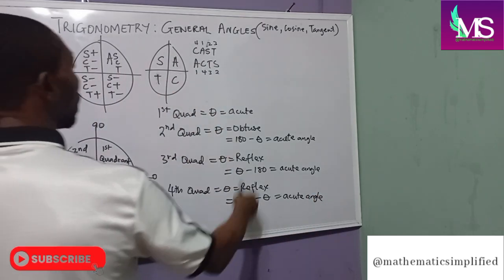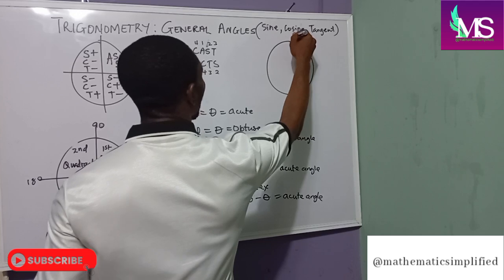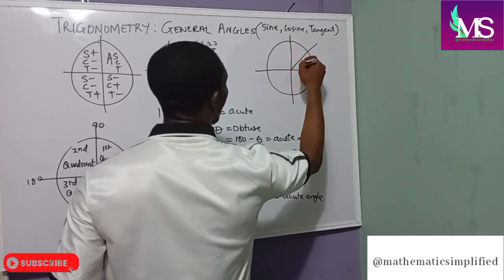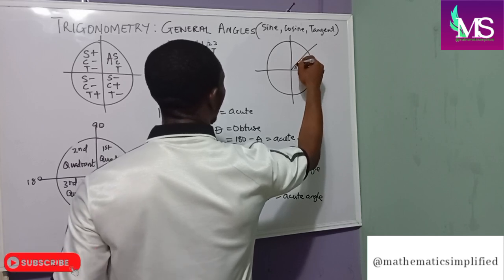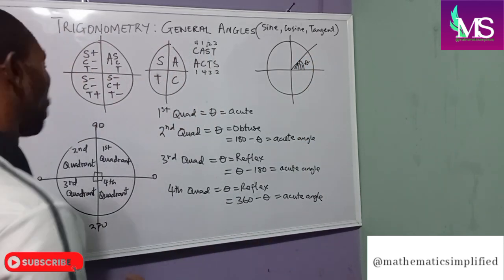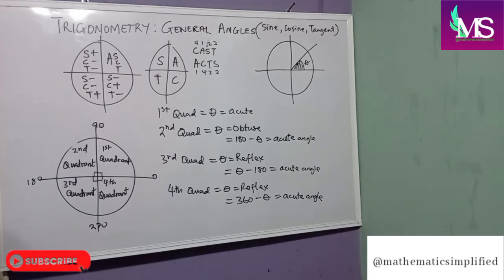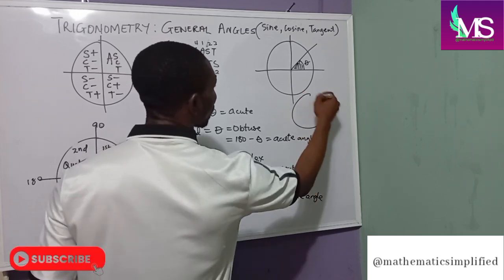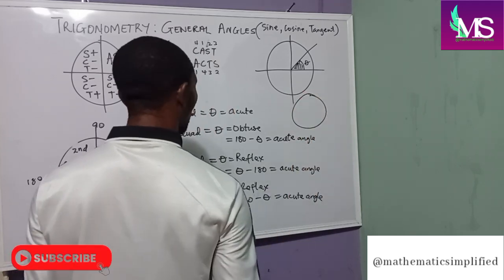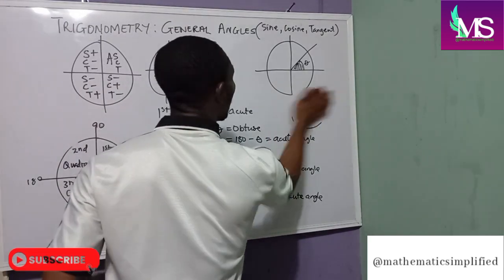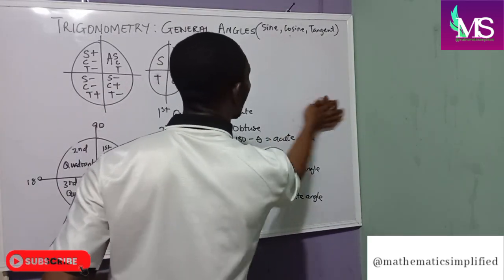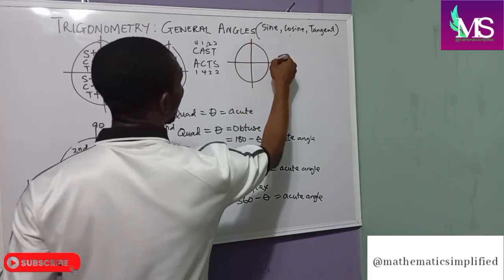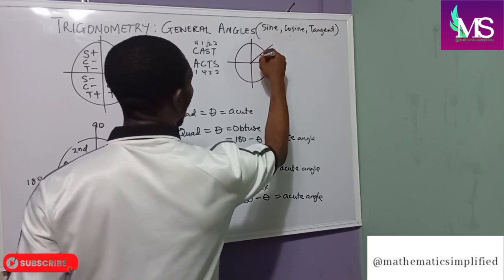Now, let's look at the positions of each of these acute angles. In the first quadrant, our theta here is acute.